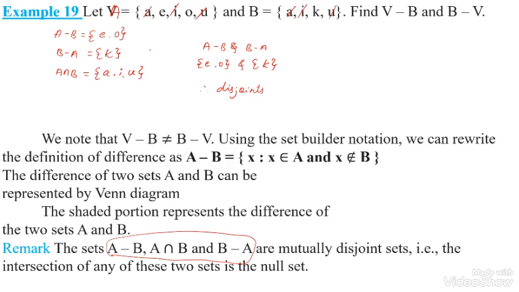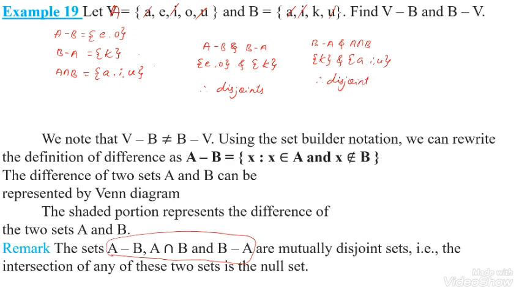Again, I will consider these two sets: B minus A and A intersection B. Here also there is no common element. Therefore, these are also disjoint sets.